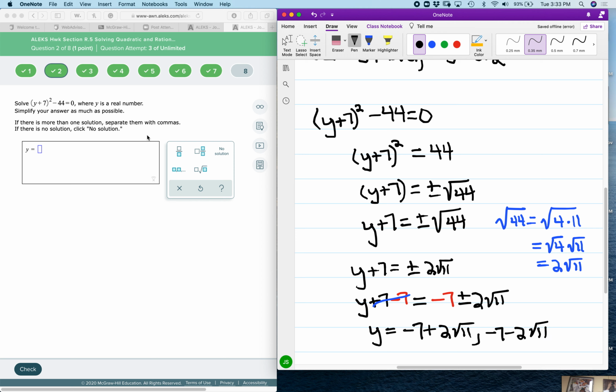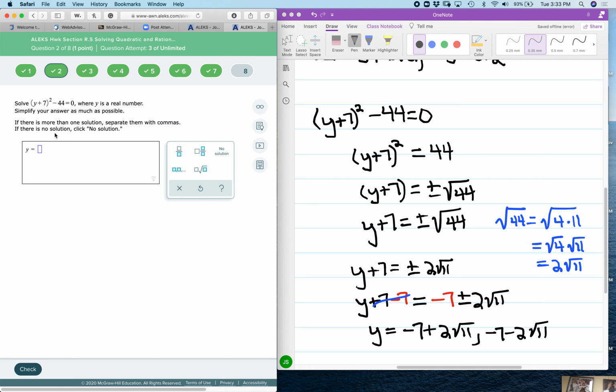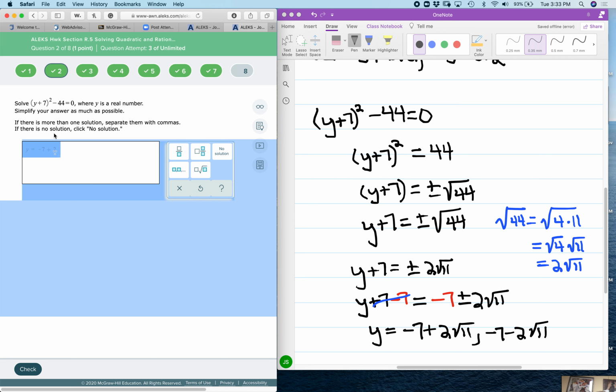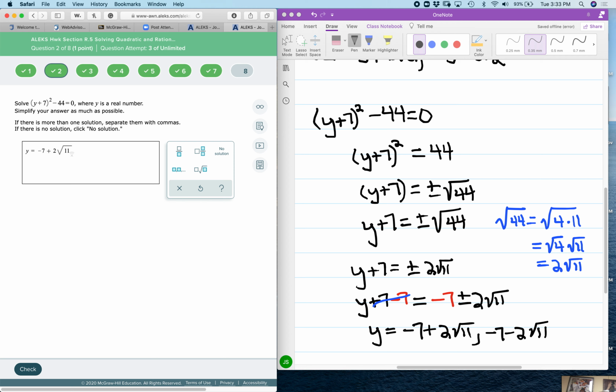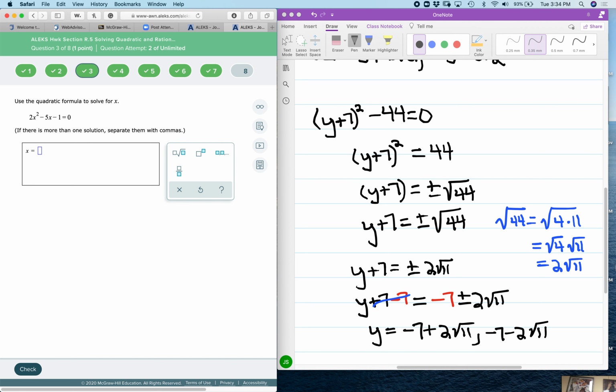Just putting back in and seeing how this is going to work: -7 plus 2 times the square root of 11, comma, -7 minus 2 times the square root of 11. And checking out the results here.